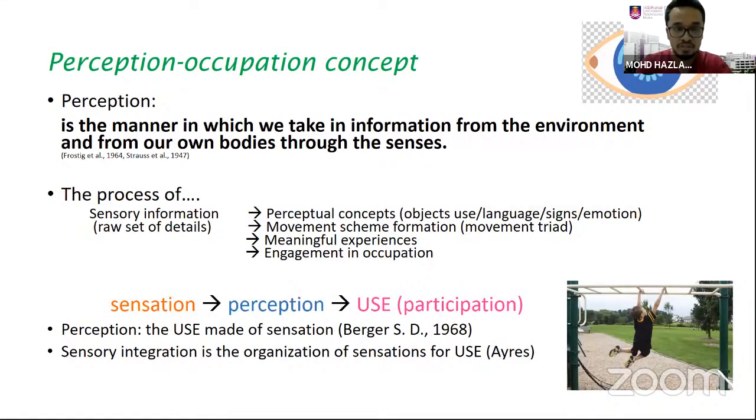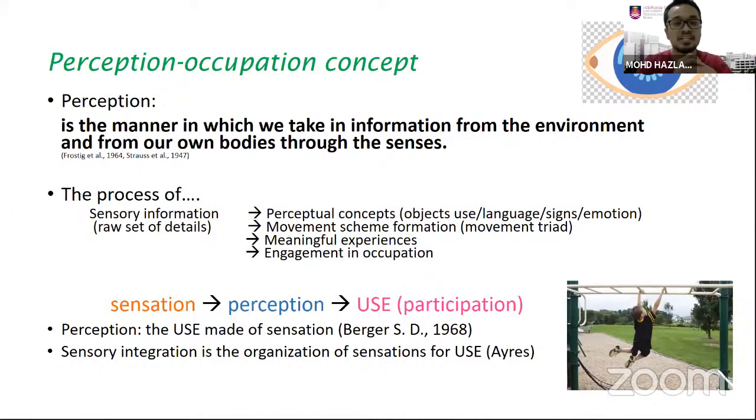and engagement in occupations. If you look down there, I wrote sensation. From sensation, it develops perceptions, and then we must use that information in our brain to allow us to participate in the activities that we do. As Ayres said, perception is actually the use made of sensation.